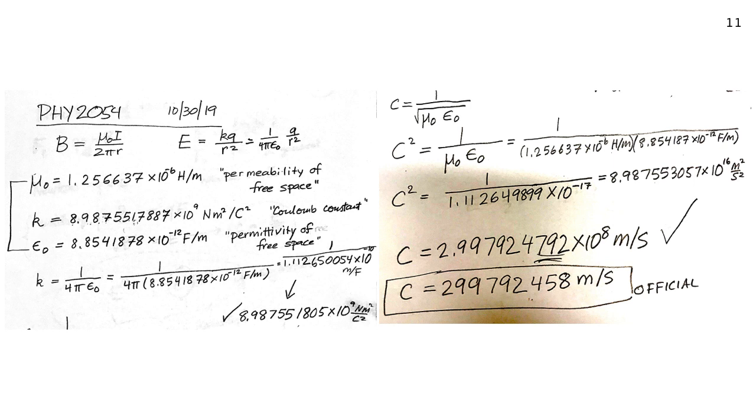Okay, now I get 1.112. Better change to scientific notation if you're not in scientific notation already. 265.0054 times 10 to the minus 10 meters per farad. Okay, so that's going to be the units of the Coulomb constant.